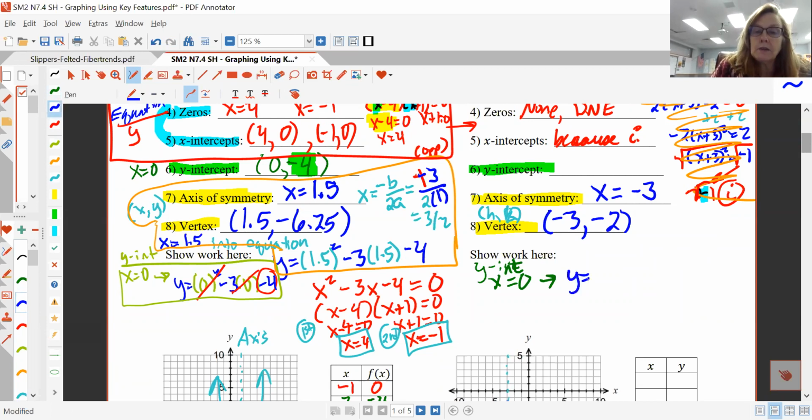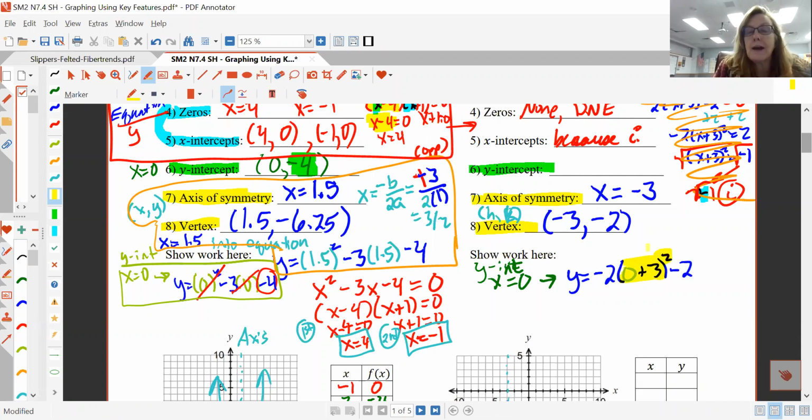So y equals negative 2 times (0 plus 3) squared minus 2. So that's what I'm evaluating. I need to remember that everything in parentheses should happen first, and then the square should happen before anything else. Squares are not regular numbers, they happen first.